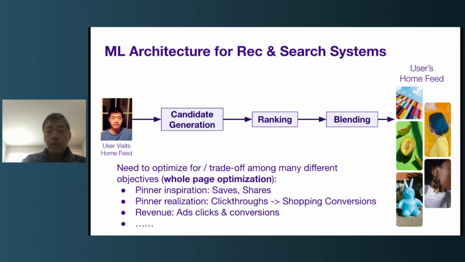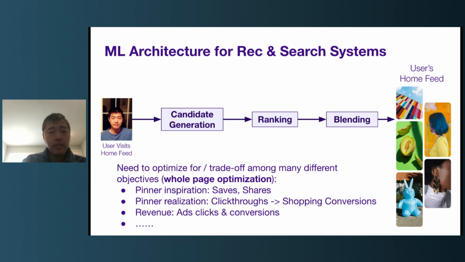And next, we also need to make sure that we can balance the trade-off between the pinner utilities and the revenue generated from our ads. So we call this whole page optimization, to be able to balance the pinner utilities and revenue on Pinterest recommendation systems and search.